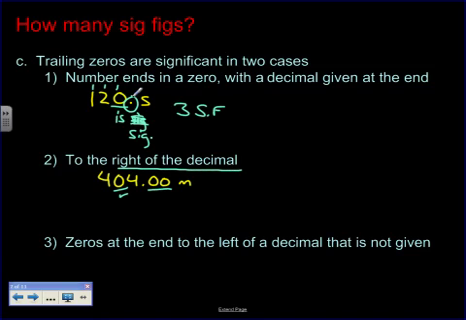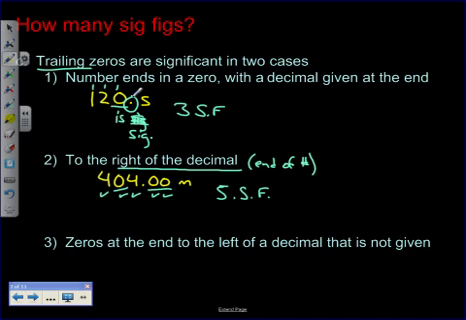But the 2 zeros at the end of the number, trailing zeros to the right of the decimal, are significant. If they're to the right of the decimal at the end of the number, they are significant. So that means in this case, the 4 and the 4 are significant, the 0 in the middle is significant, and the 2 zeros at the end are also significant. So that means 5 total significant figures.